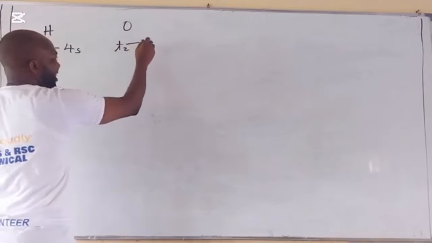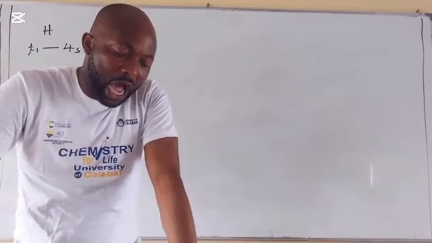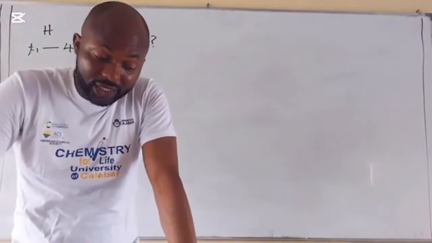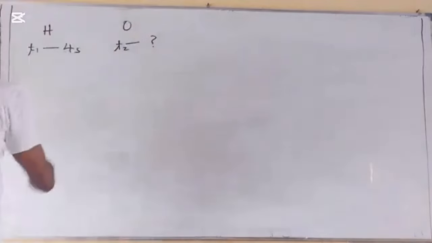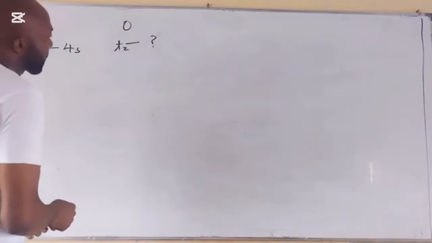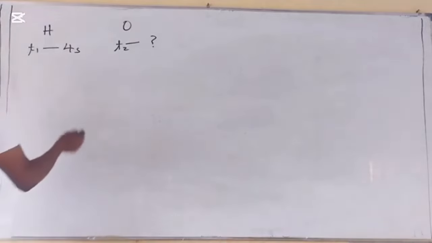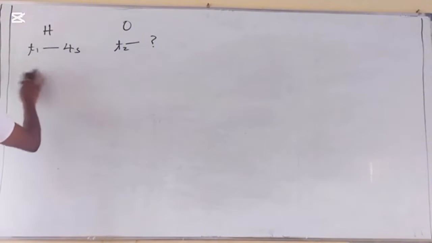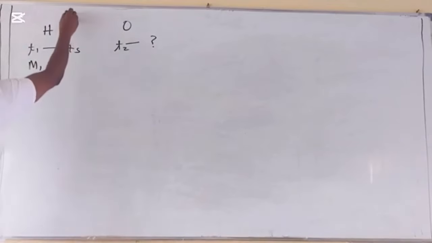Now the question says, how long will it take oxygen to diffuse through the same distance? That's T2. Now, let's look at the relative molecular mass of hydrogen. M1 is 2, because this is hydrogen gas.